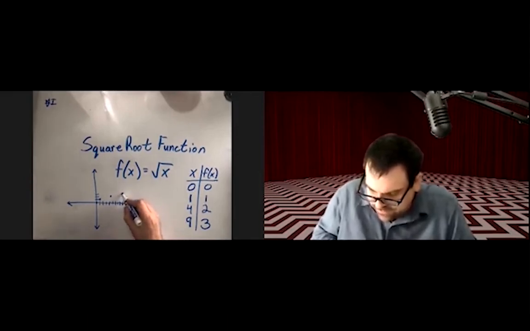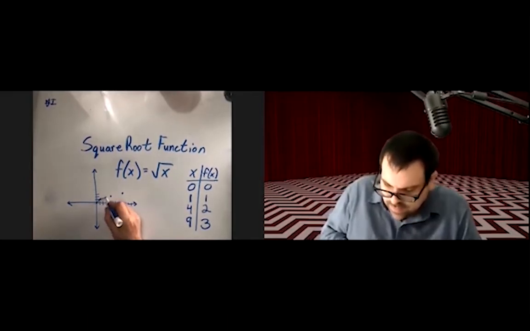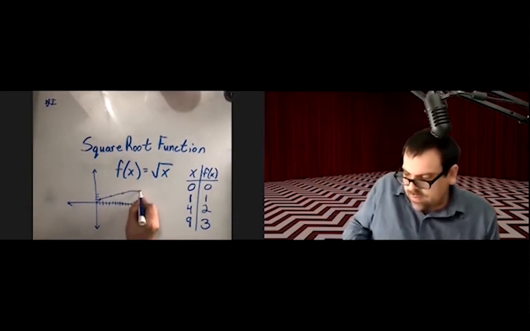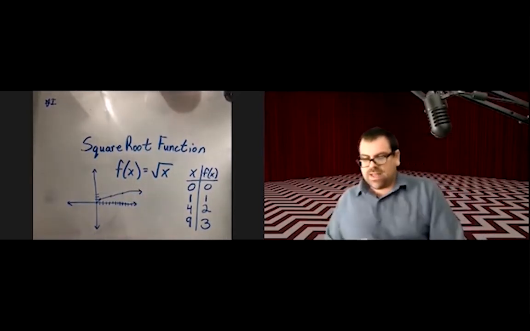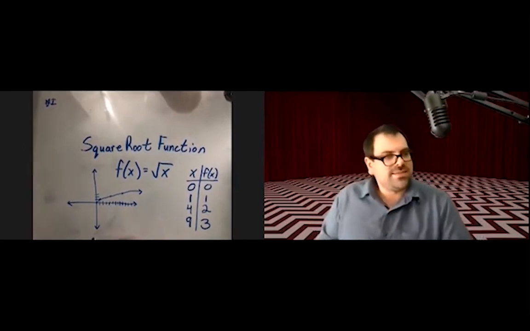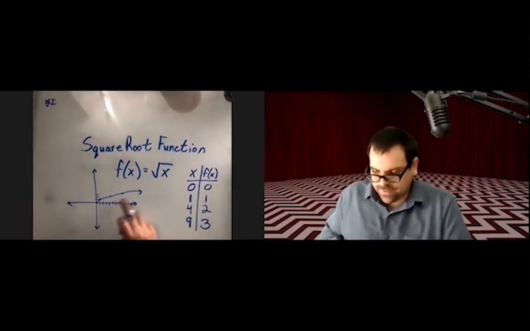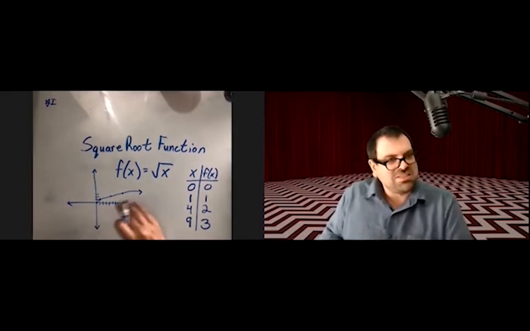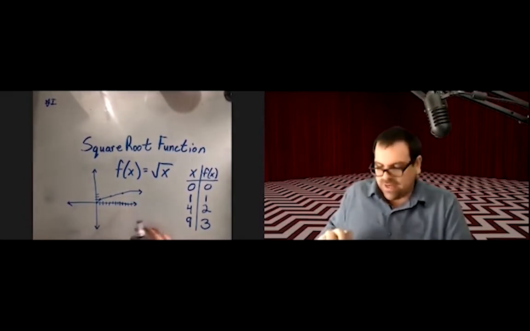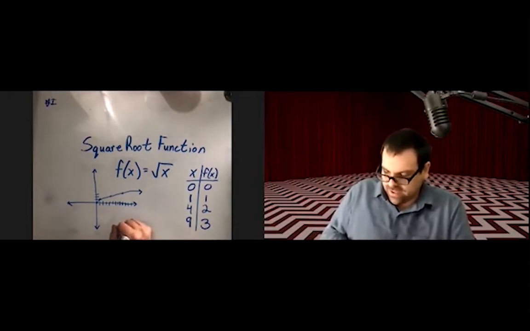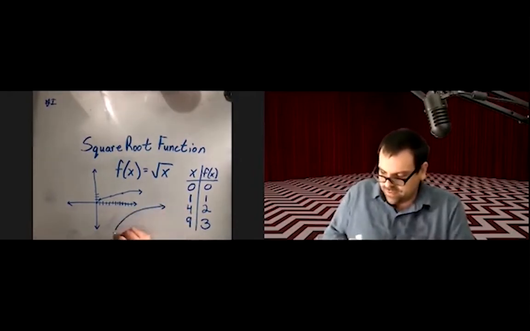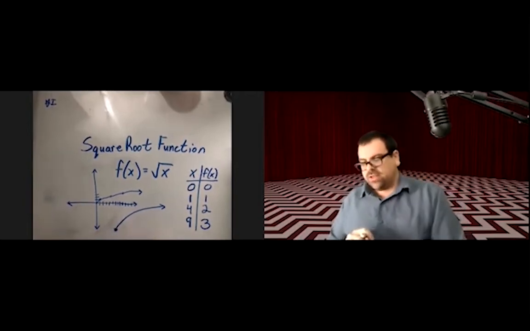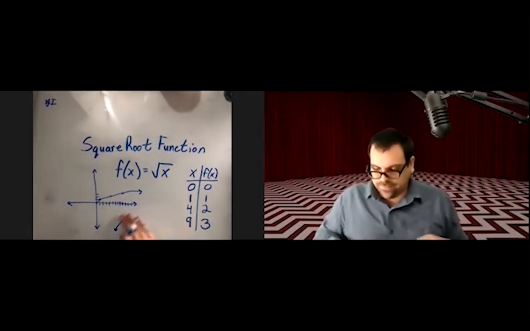There we go. So that looks kind of something like this. And it's because of my drawing that it kind of looks like a line, but it's not a line. It's making this shape. And it's starting at (0, 0).